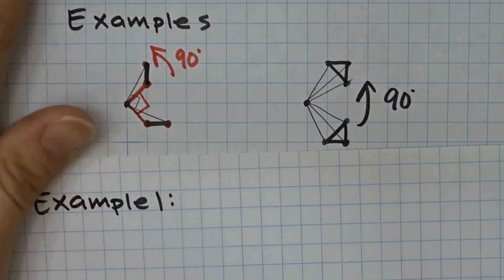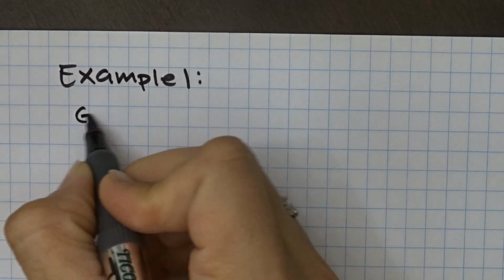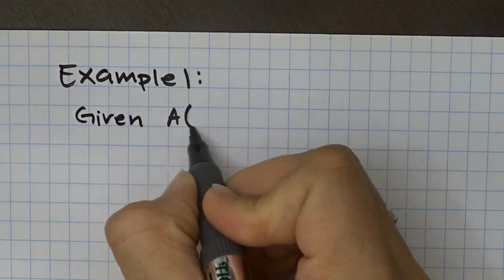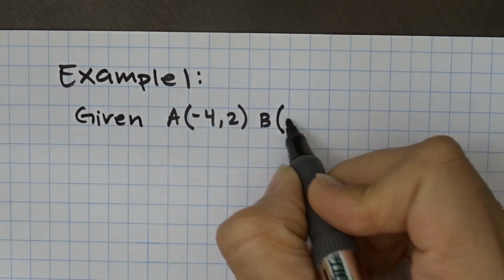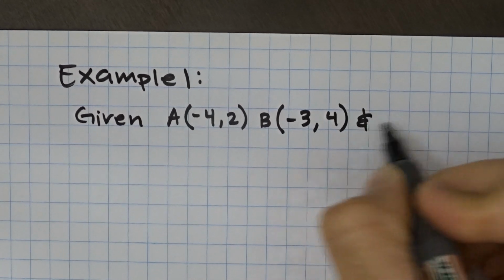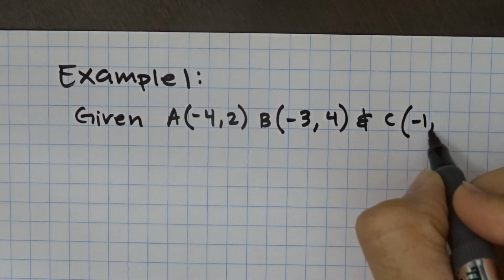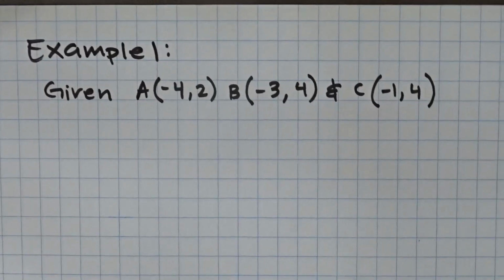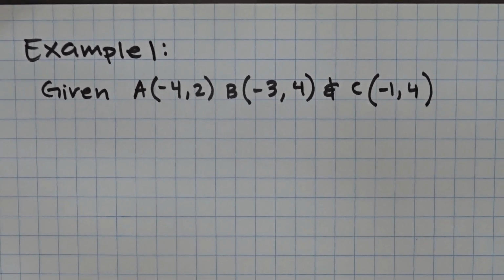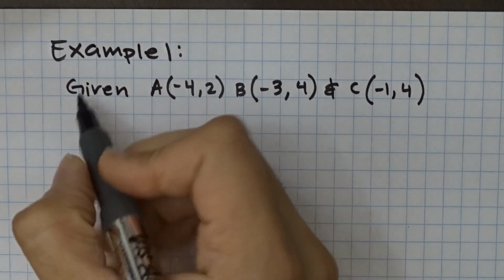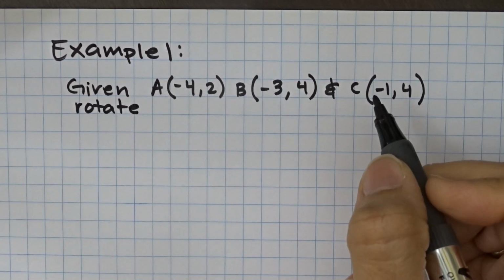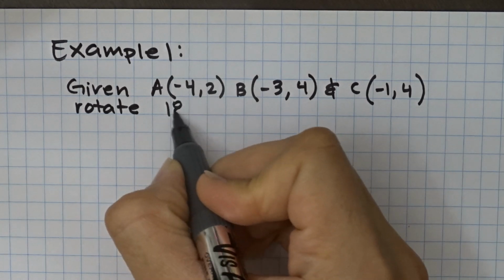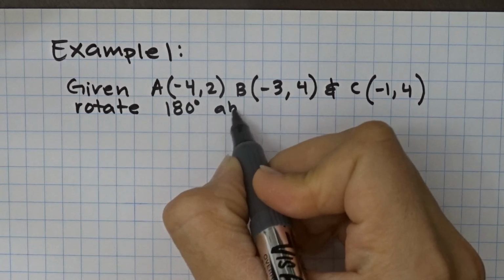Example 1. Right, so given this triangle with these vertices, we're going to rotate 180° about the origin.